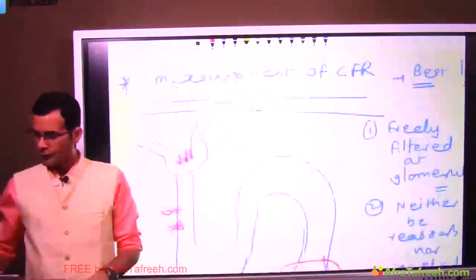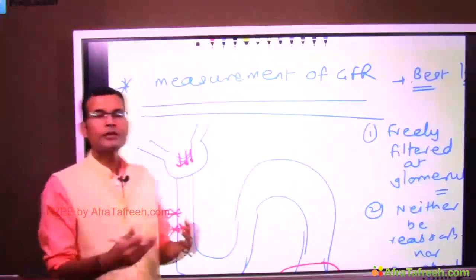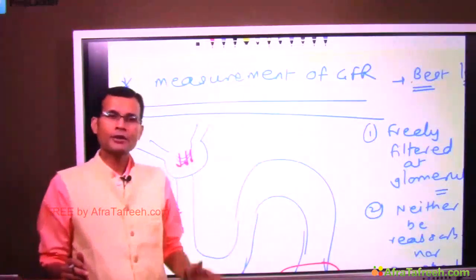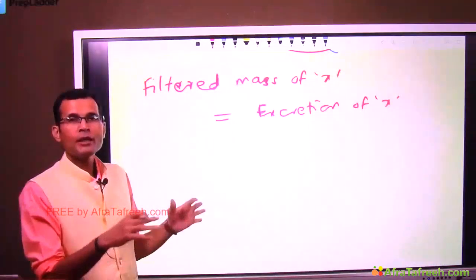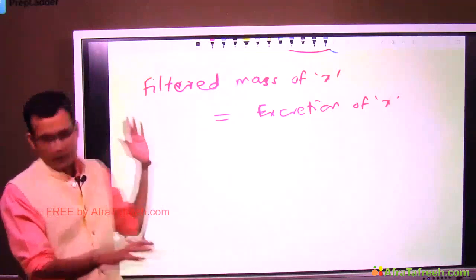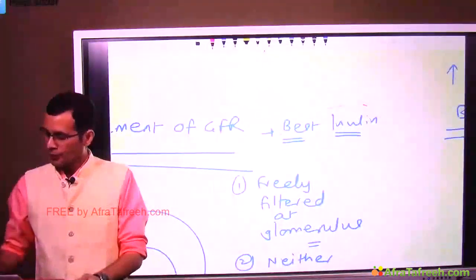Since it is freely filtered at the glomerulus, it gives us the idea about glomerular filtration rate. These properties are observed by inulin, and therefore inulin is the best for measurement of GFR.